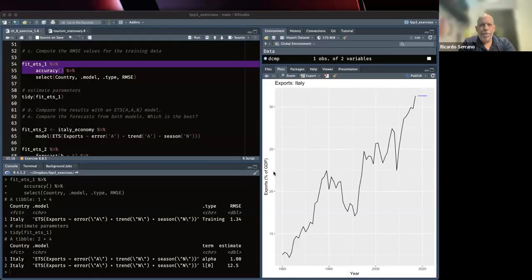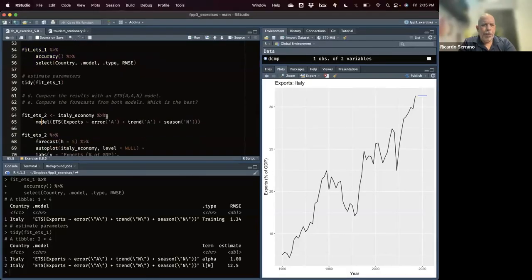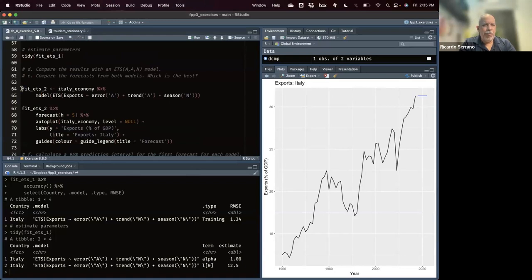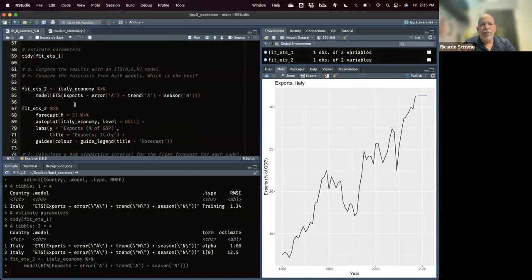Okay, share screen. So we have our second model, which is with the error and the trend. I'm going to call that fit_ETS_2. Number 1 is the error only additive, and number 2 is error and trend additive.